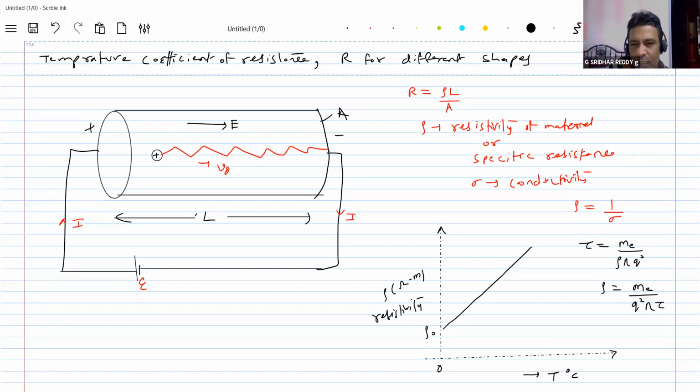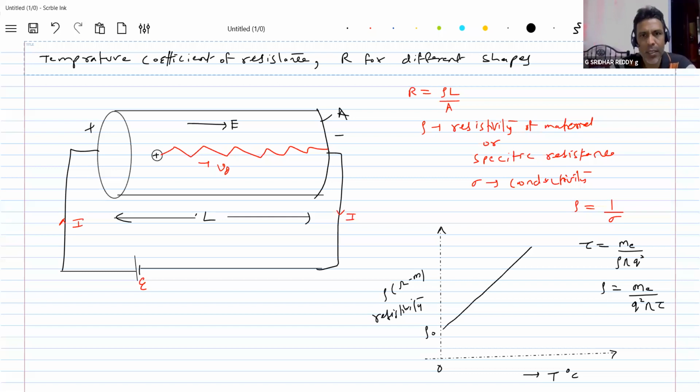What is that rho? So if the resistivity increases, what should happen to the resistance of the conductor? It should increase. Means now, at the increased temperature, indirectly I can say that the resistance of the conductor increases.